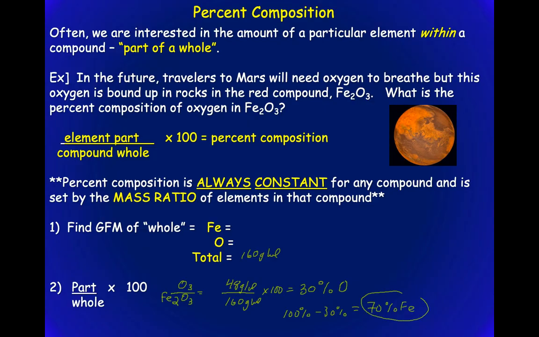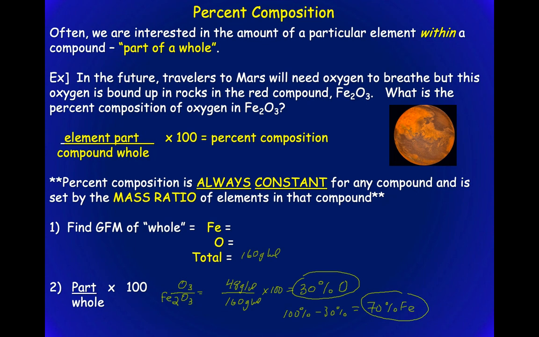So that simply means that percent composition means any amount of iron oxide is always going to be 30% oxygen and always 70% iron. So 30 oxygen, 70 iron for a total of 100. And that doesn't matter whether you have 100 grams, 20 grams, 2 grams, a truckload. It doesn't really matter. So we can always figure out how much we're going to do with this.